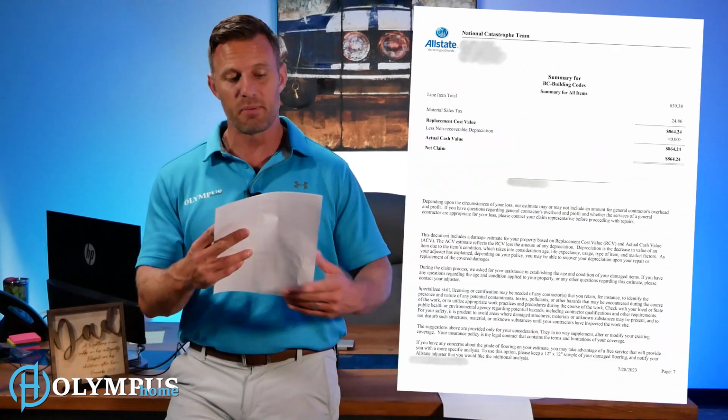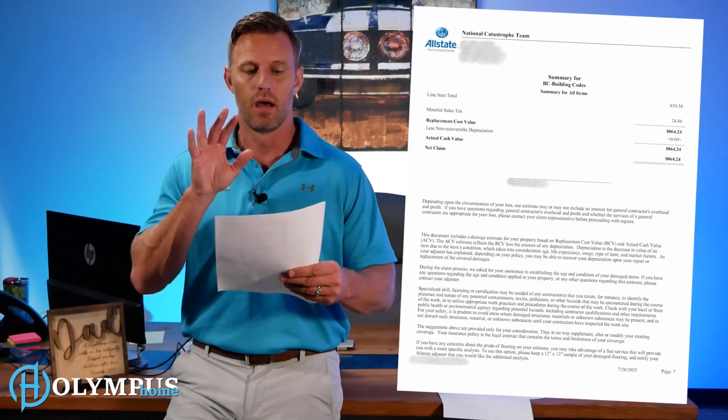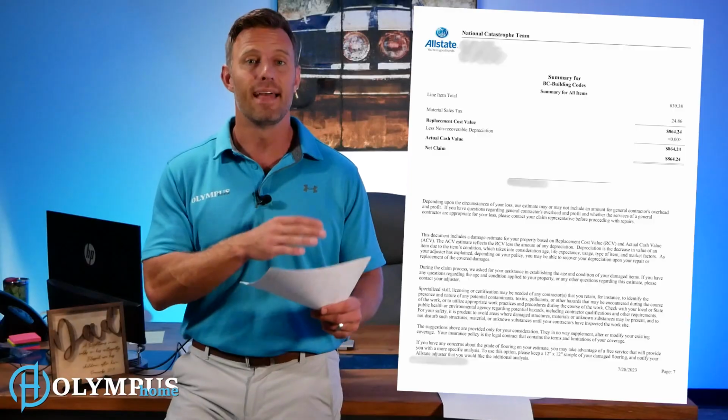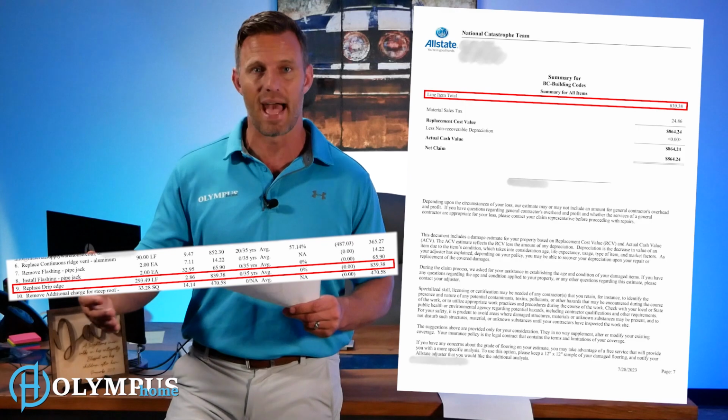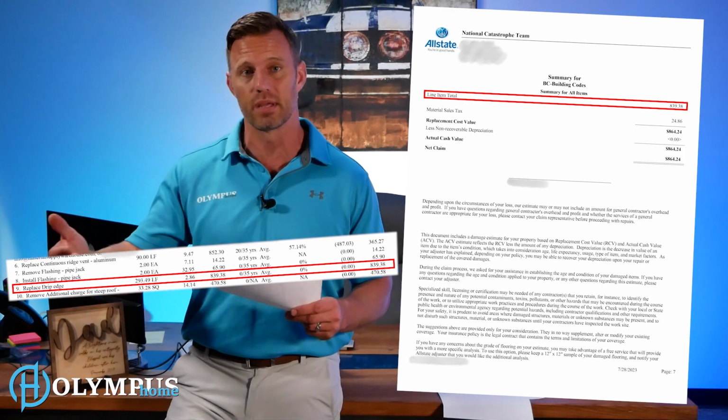Now, as we flip to the next page, you see a building code upgrade fee. What this means is that it is up to building code. To get the home to building code, there are additional things that need to be done. In this case, it is the drip edge that needs to be added to the home to get it up to building code.